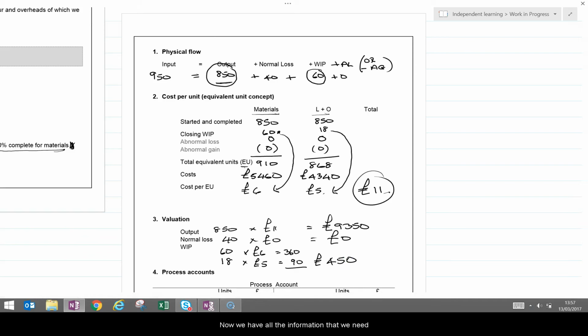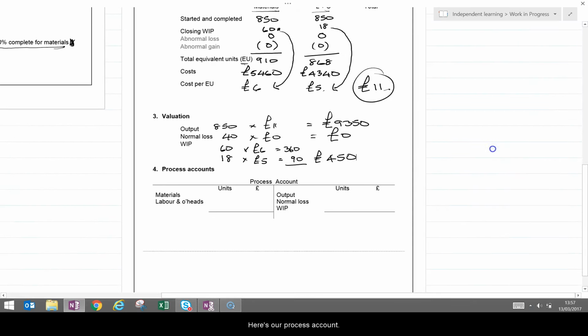So now we have all the information that we need to put our figures into the process account. So here's our process account. If we look at the debit side, we input material 950, which had a value of 5460.